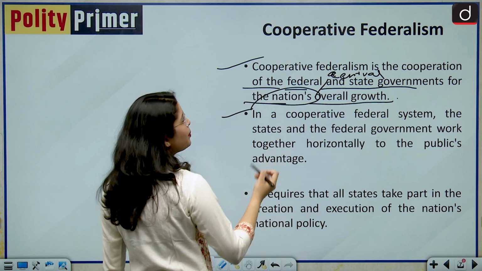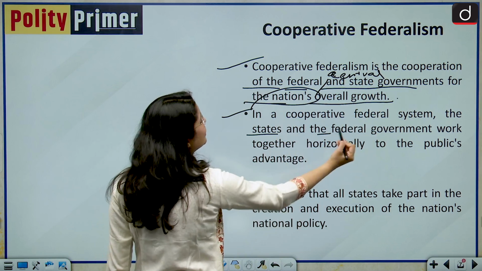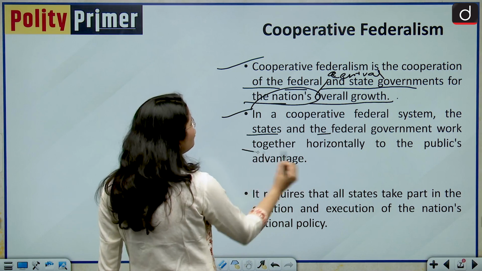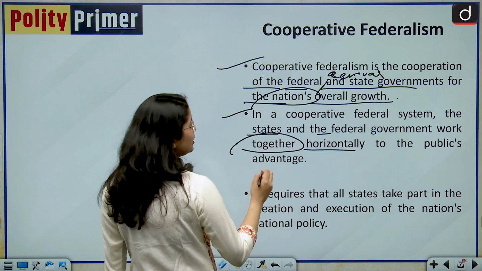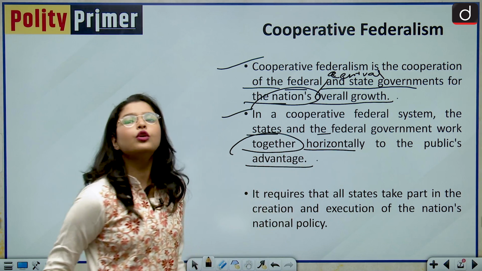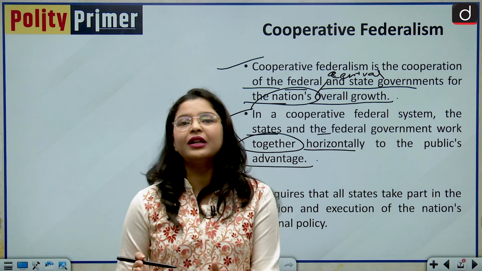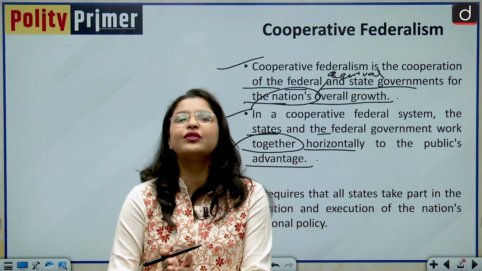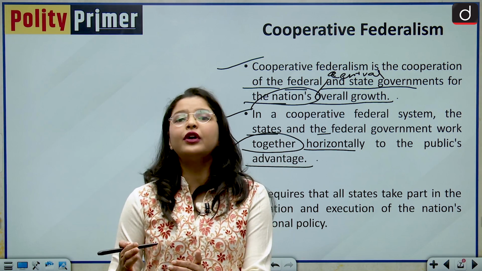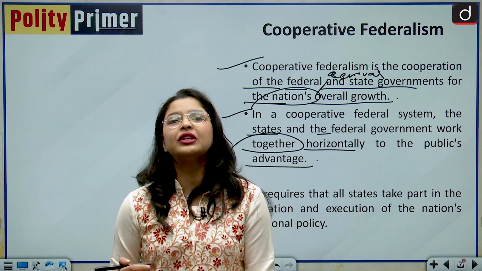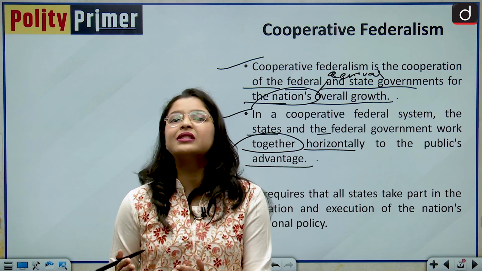In a cooperative federal system, the states and the central or the federal government work together horizontally for the public's advantage. So the main aim of cooperative federalism is to coexist with each other peacefully, to work for the overall development of the nation and to work for the public's advantage.